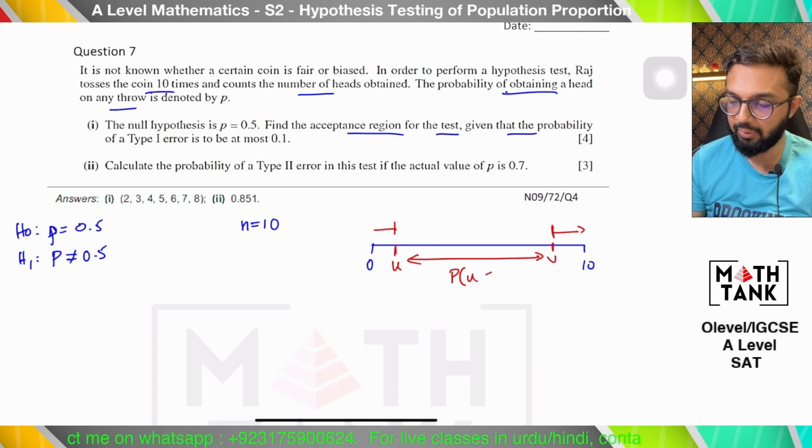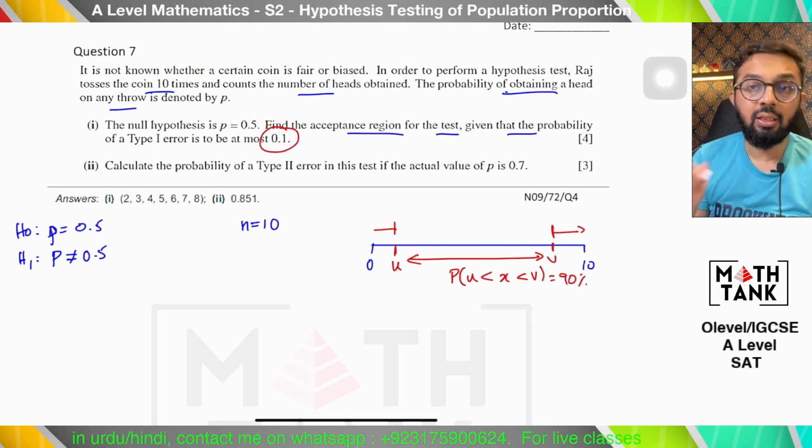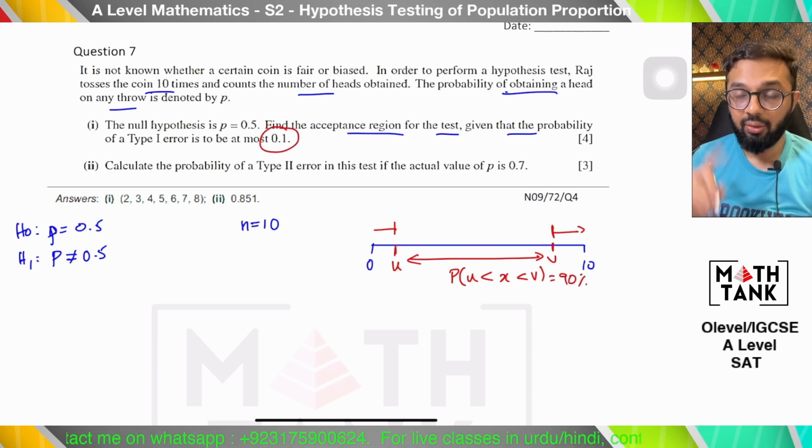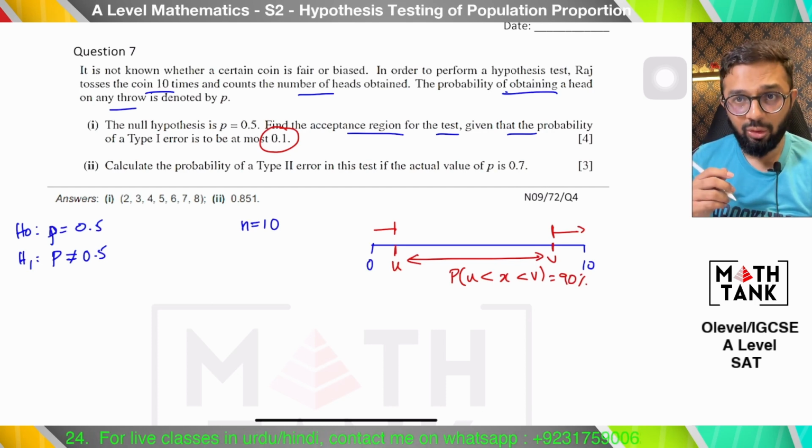So the probability between u and v should be 90%, because I want my rejection region to be 0.1 or 10%. So that's a difficult job.